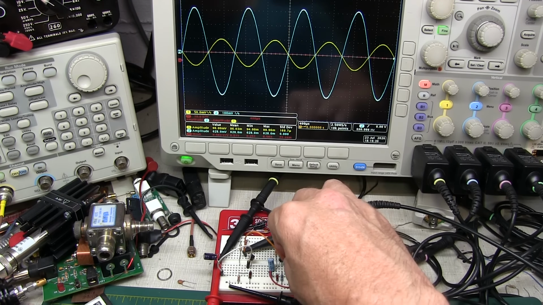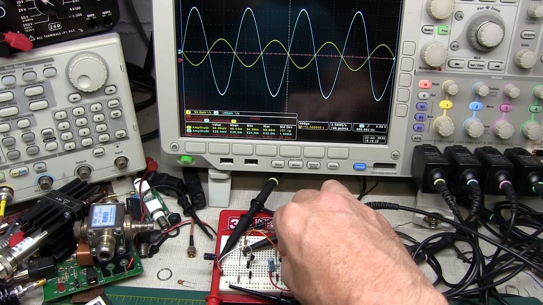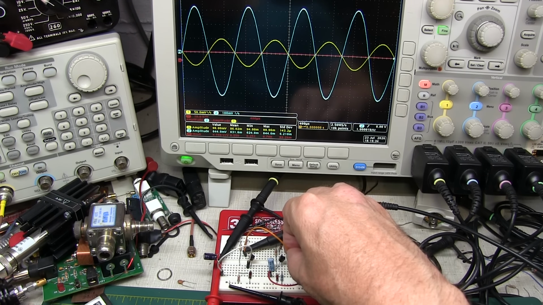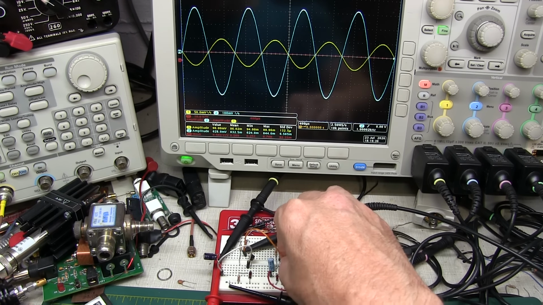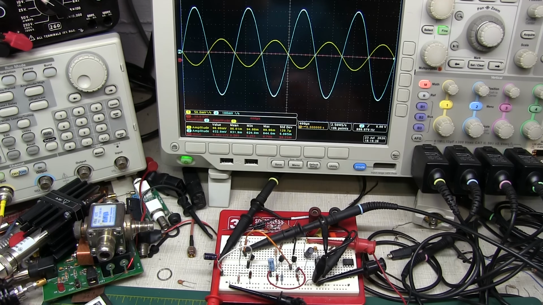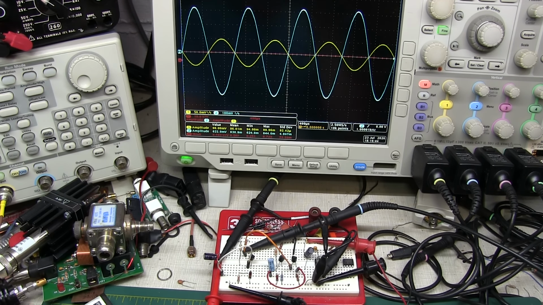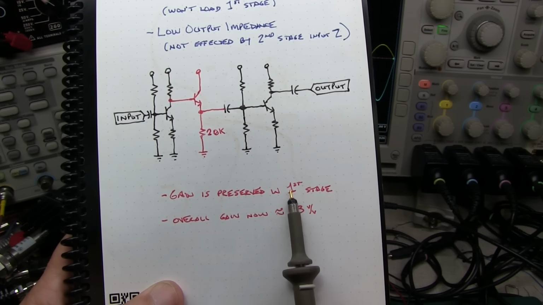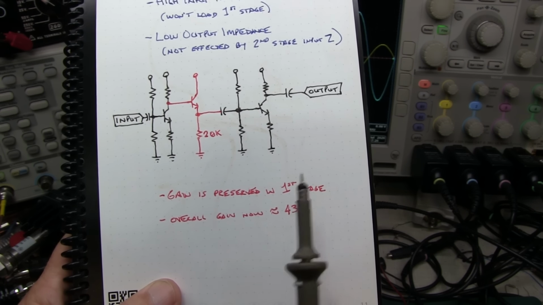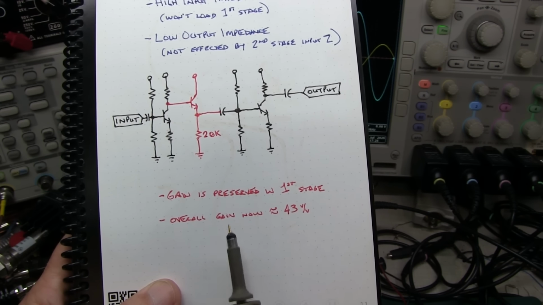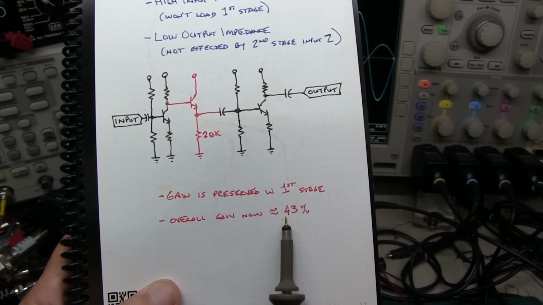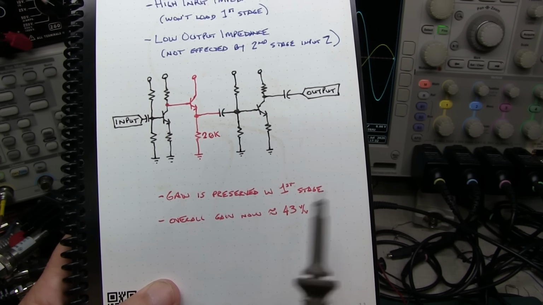If I simply disconnect the connection to the emitter follower input, very little change in amplitude. I connect it back up again, because that input impedance of the emitter follower is high enough that it's not affecting the collector load on stage 1. So we can see now that the gain is preserved on the first stage because of the higher input impedance of the emitter follower, and the overall gain of the cascaded amplifiers is closer to what we expect, about 42 or 43.